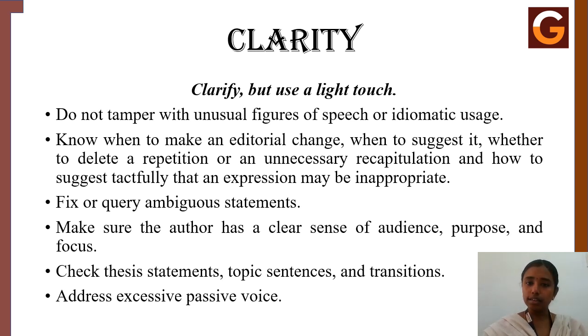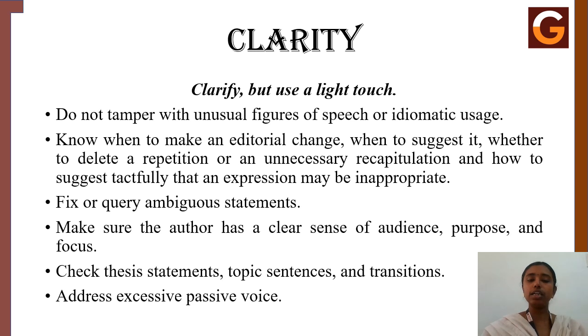The fourth point is that the editor should make sure the author has a clear sense of audience, purpose, and focus. Whom is this text meant for? The author must have intended to write it for a purpose. It could be a research paper meant to be read by the common man, the layman. Or sometimes the researcher might intend to write for scientists to read that paper.